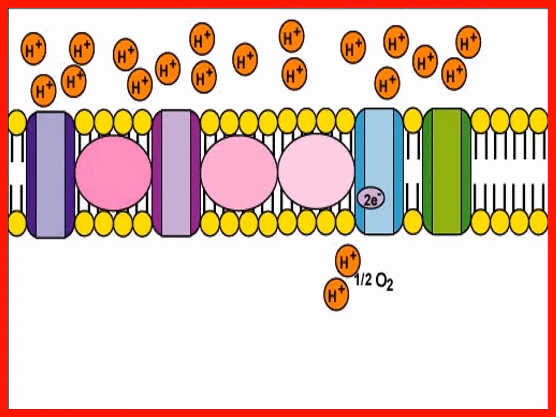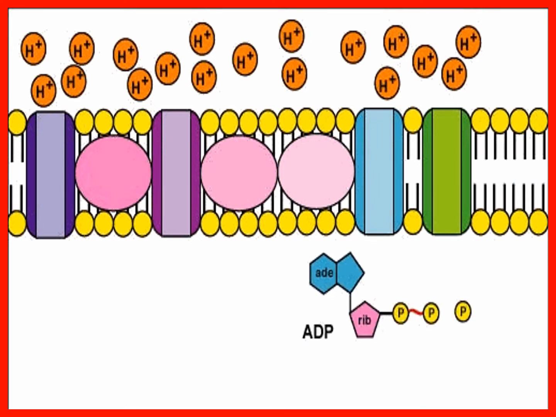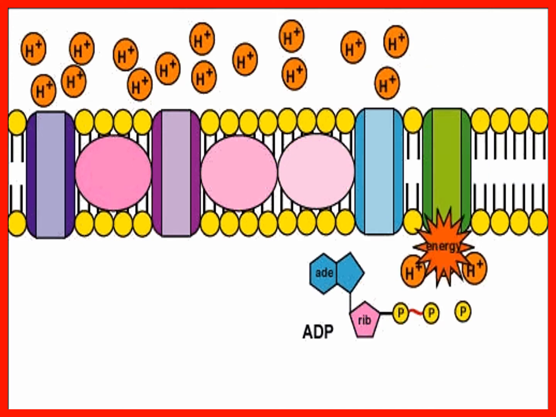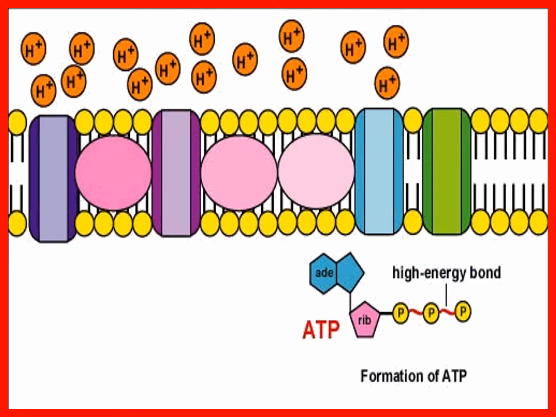The electron is finally accepted by oxygen, so oxygen is the final electron acceptor, combining with hydrogen to form water, and the hydrogen ions then diffuse down a concentration gradient through ATP synthase, which provides the energy to phosphorylate ADP into ATP.